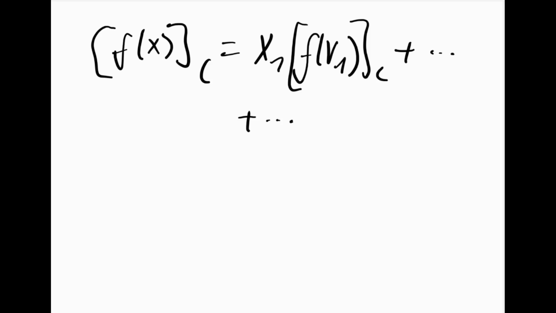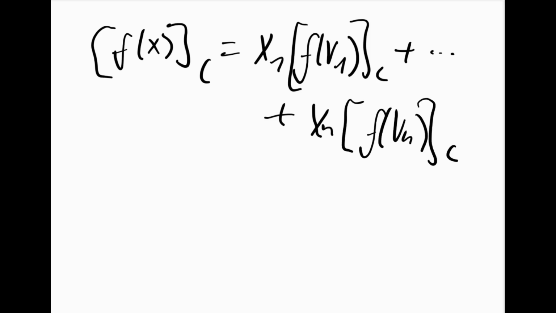So we would have until xn and f of vn with respect to C.